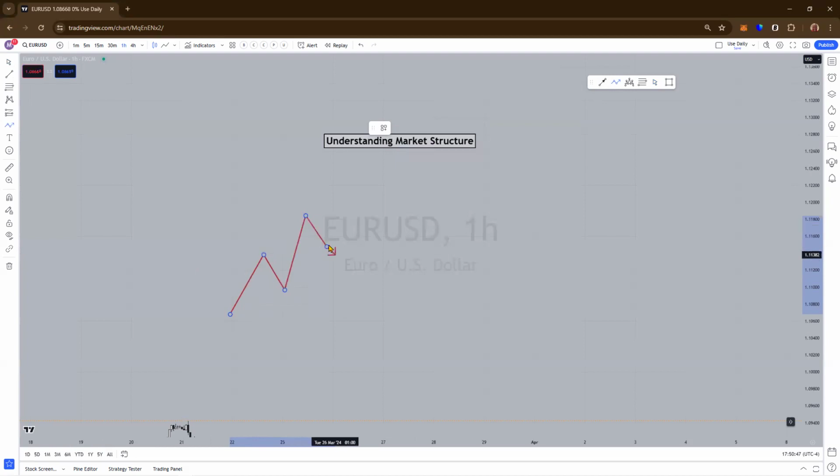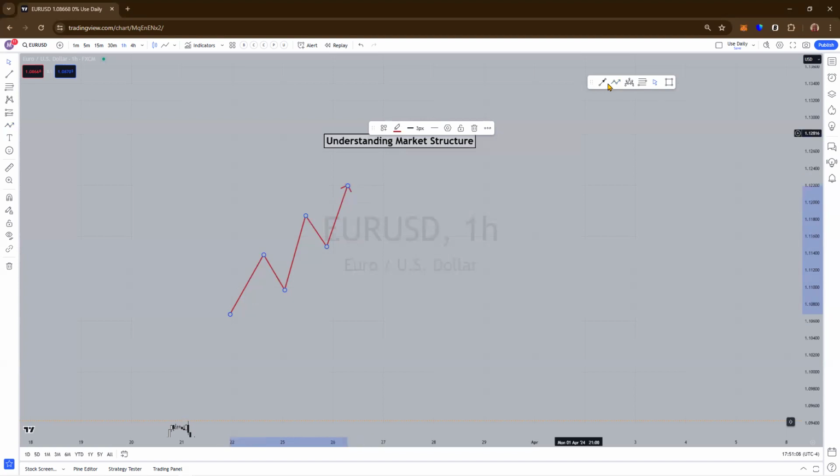So this low is bigger than this low, so that's a higher low. And then the market will go up again and create a bigger higher high, which is bigger than this high. So it's a series of higher lows and higher highs. And once you have this going on, you have a trend, okay? So this will be considered an uptrend.